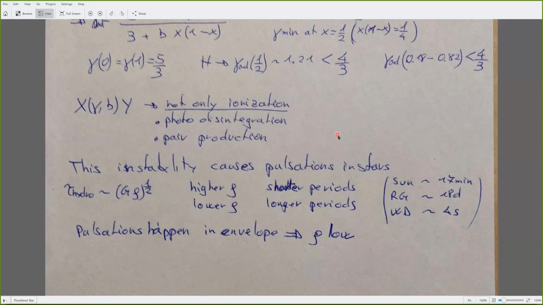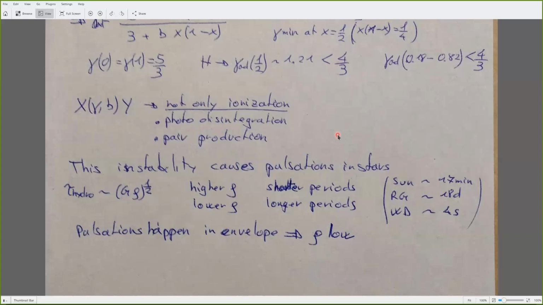The pairs are also annihilated with themselves, but if we have enough high energetic photons, we always have a certain amount of pairs present, so this will increase the situation. It's like an ionization, producing more particles.